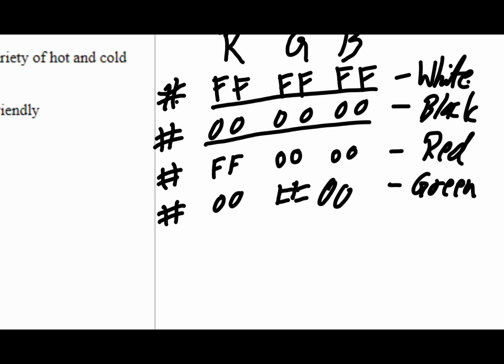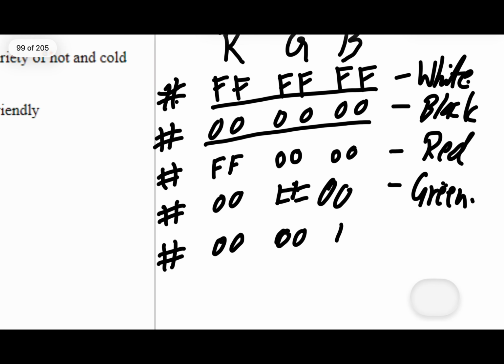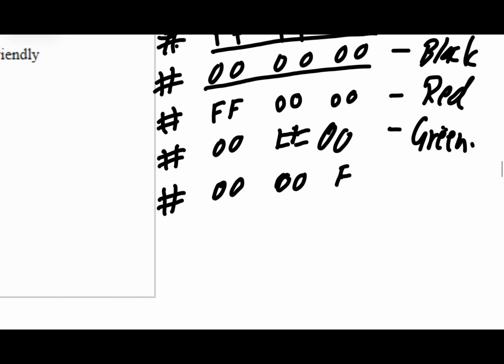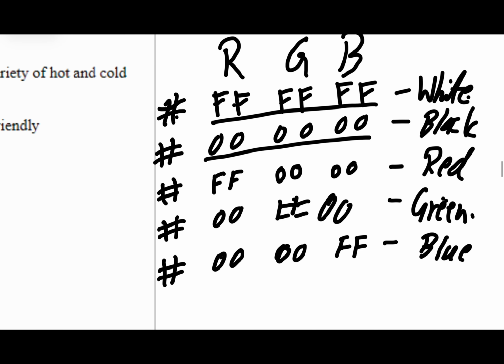And now for blue, as everyone will know, red how much, 0, green also 0, and blue color I want full, so for blue I will use FF, so this color will be blue. Understood? This is called a hash code.